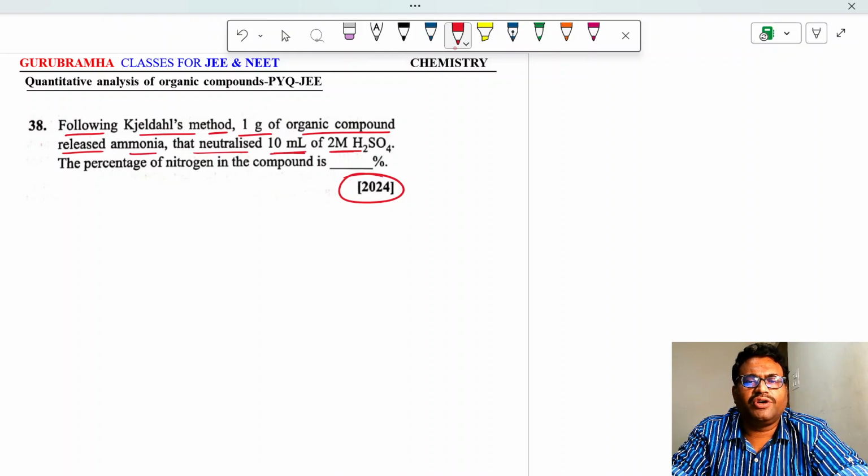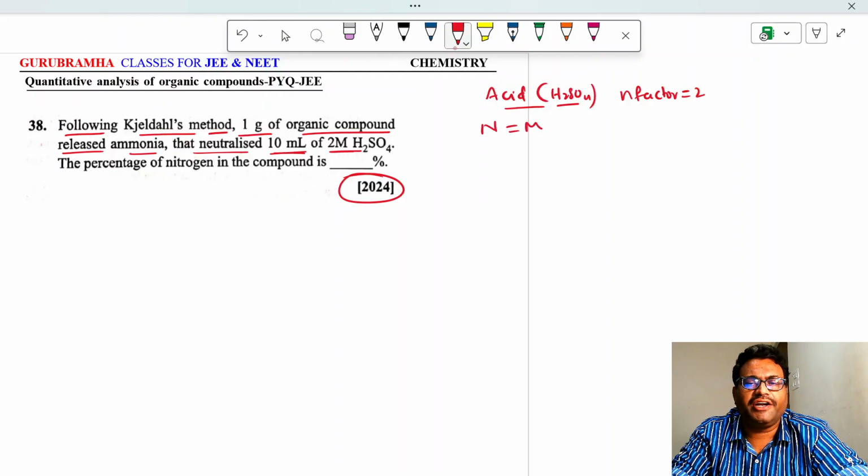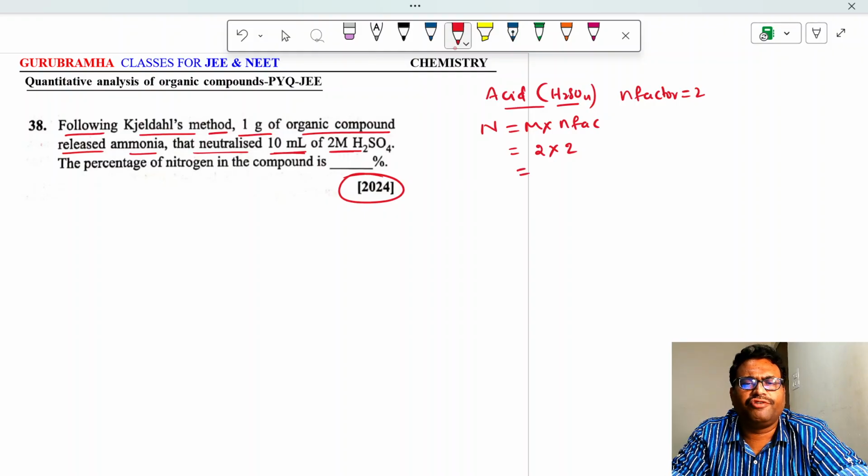Okay. So the acid taken is H2SO4. We know that the N factor for H2SO4 is equal to 2, and normality of acid is equal to molarity into N factor. That is molarity given 2 into N factor 2, so that is equal to 4 normality.